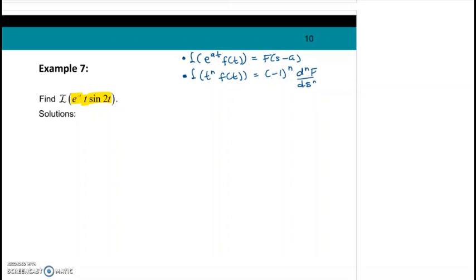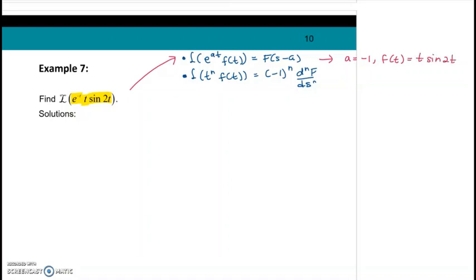All right, so you can choose if you want to refer the problem to be as exponent at f(t). If you want to refer to this, then you will have a equals negative 1, then f(t) to be t sine 2t.